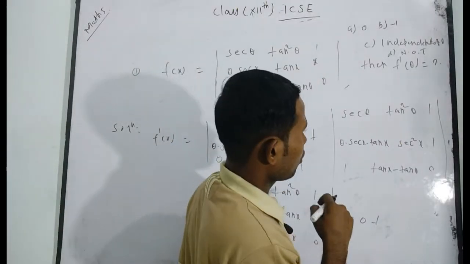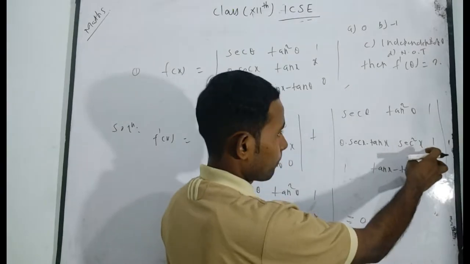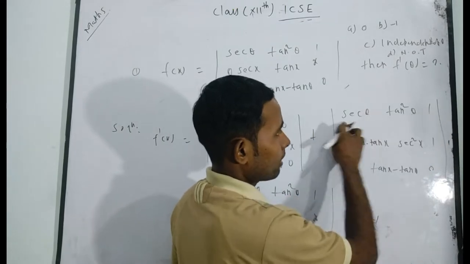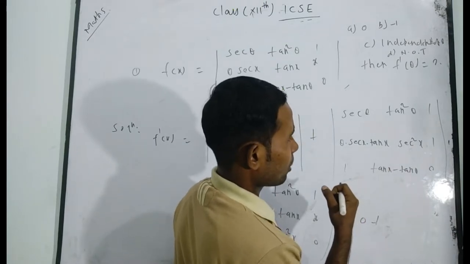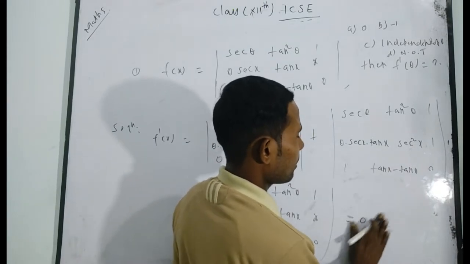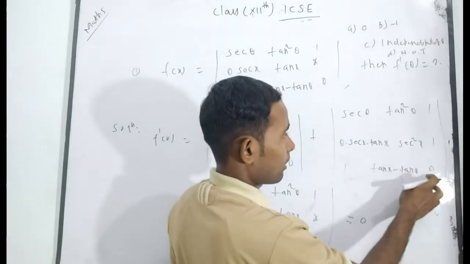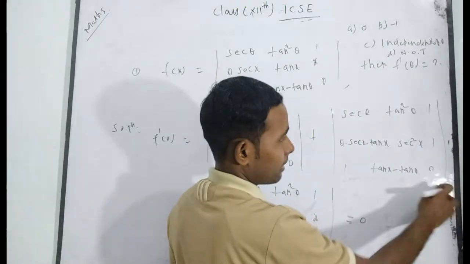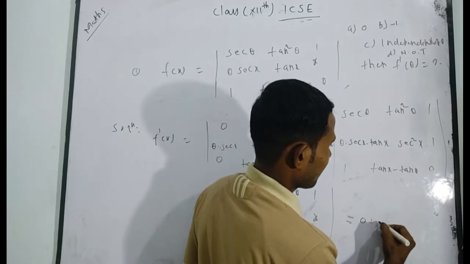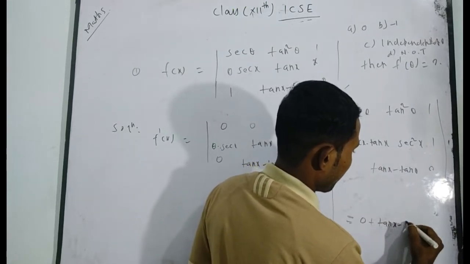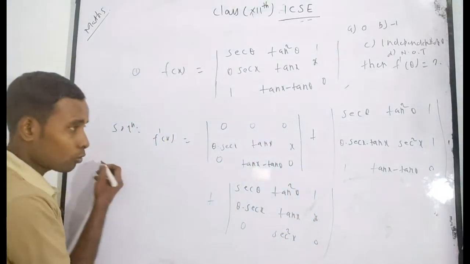And what is the value of this determinant? Simply try to expand it through this rule. If you expand it, 1 will be cancelled, and then tan x minus tan theta, or you can go through anywhere. Don't bother. If you go through this way, it will be cancelled.